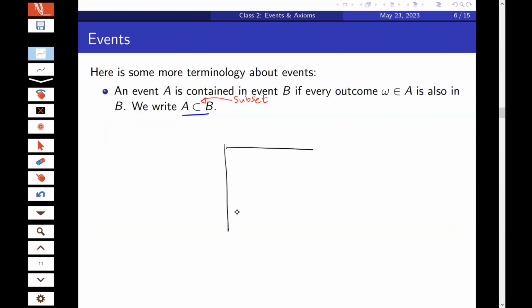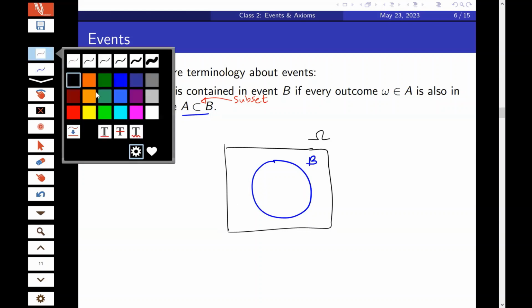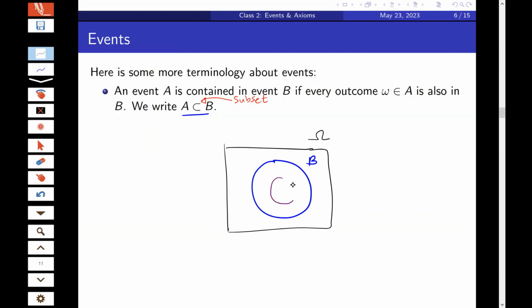Suppose we have the sample space omega, and we have one event called B, and inside B we have event A. This is the event A. Can you see event A is contained in B?